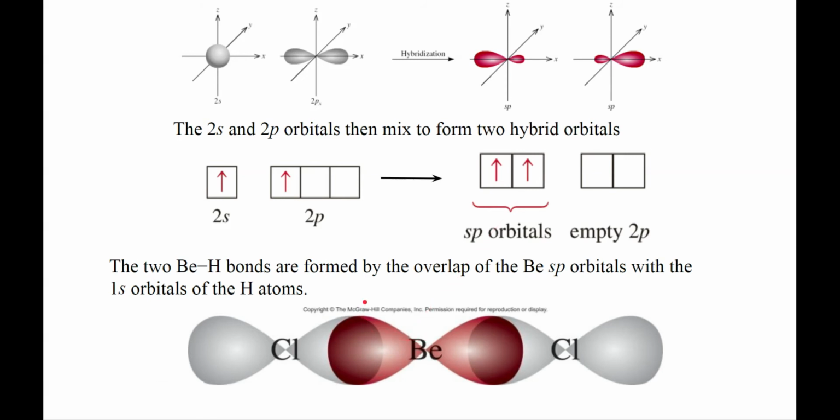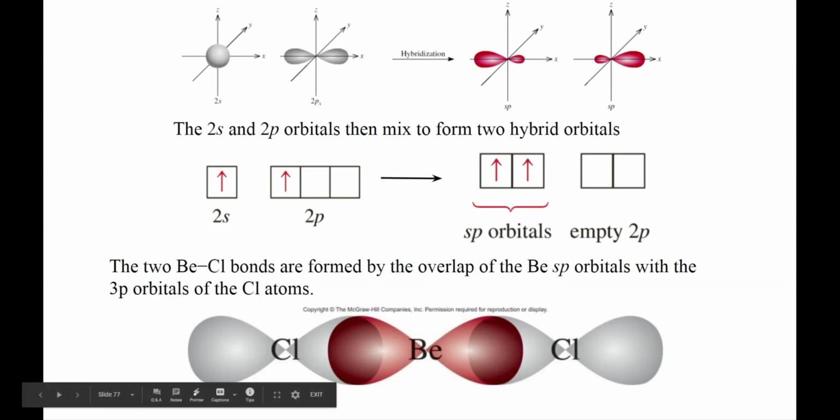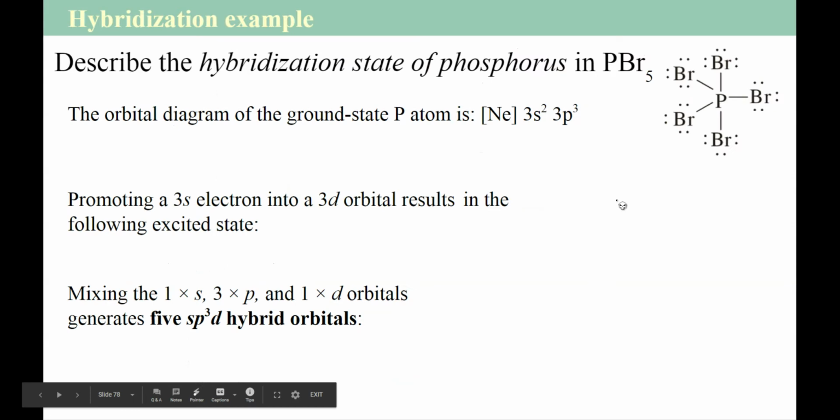Chlorine is able to form this overlap with its unhybridized 3p orbital with beryllium's 2 hybrid orbitals. So 2 hybrid orbitals can make 2 bonds apiece.